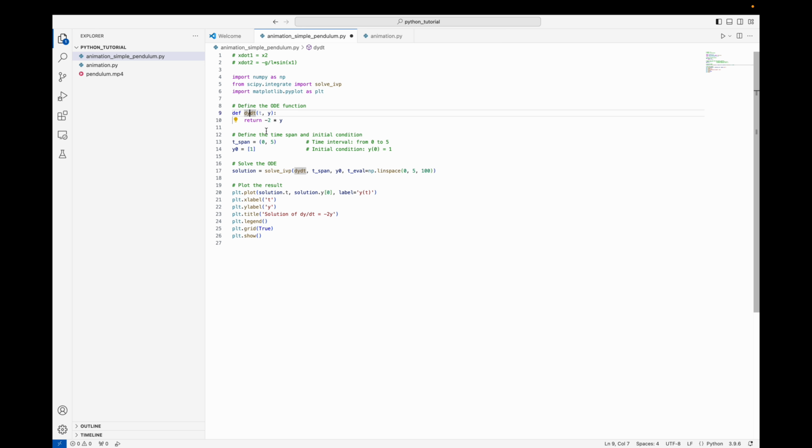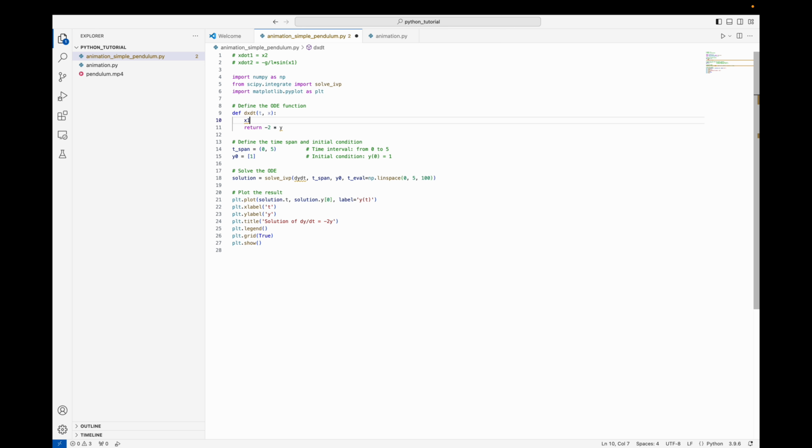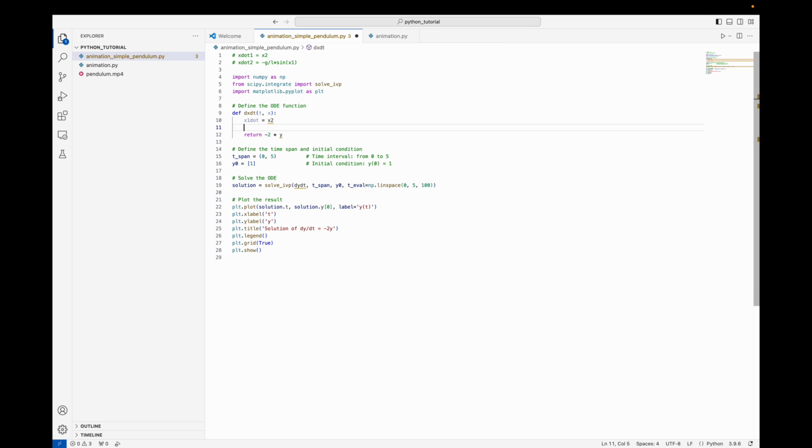I'm going to say that that's a dx dt, where x1 dot basically is equal to x2, and let me keep the notation that I have up there, x1 dot is equal to x2, and x2 dot is equal to minus g over L sine x1. Well, x, that's x2, and that's x1.